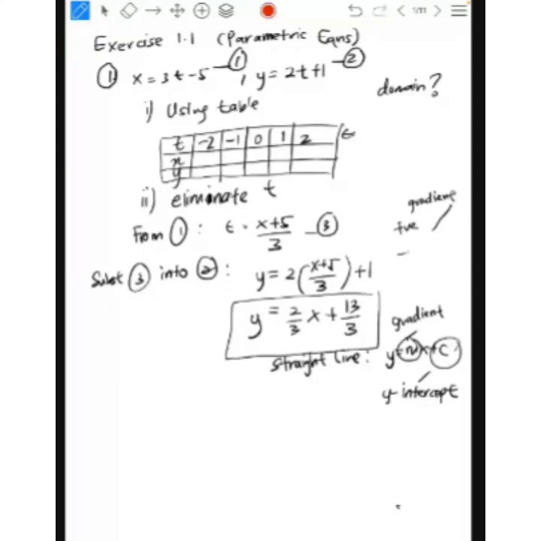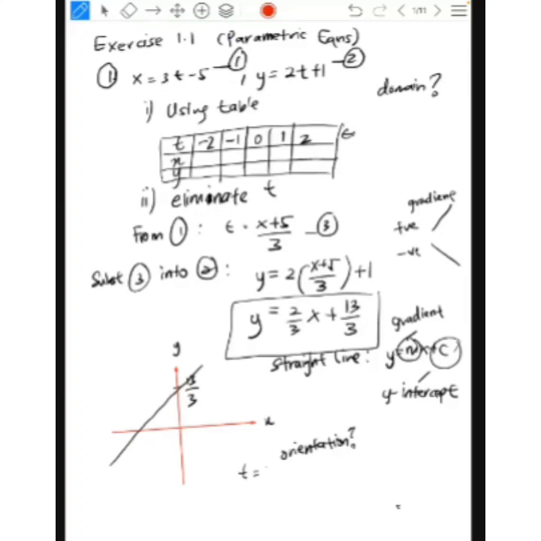So we can now sketch our curve. It will go up and cut the y-axis at 13/3, so you have something like this. The next step is to find the orientation. If you miss out the orientation, it gives you 1 mark off. To find the orientation, find the value of t.